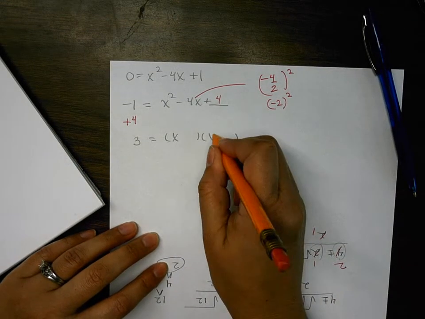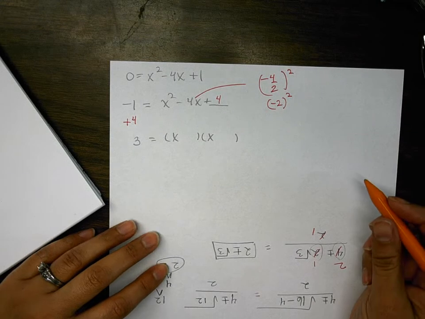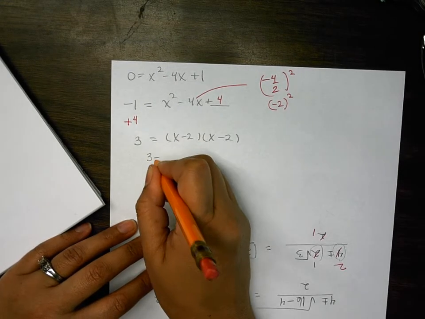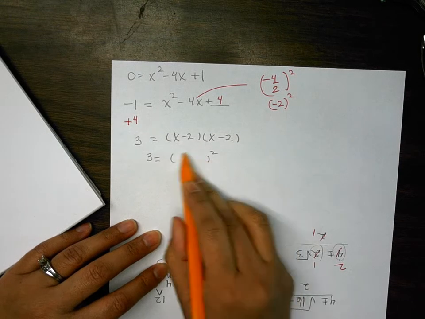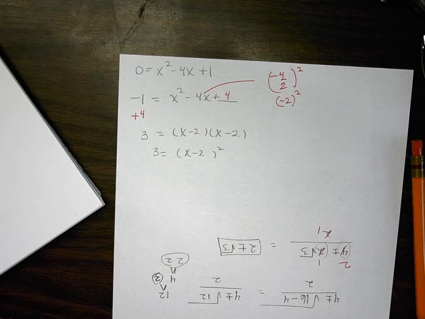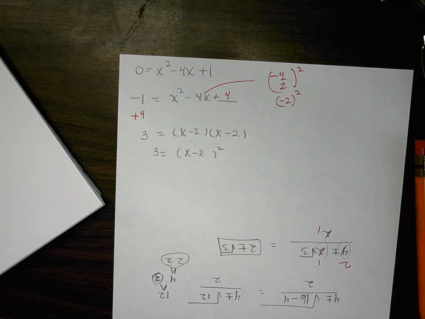Okay, what does it factor to? All right, and the whole reason we do this is so we can write this side as quantity squared. And what is it? X minus 2 quantity squared.